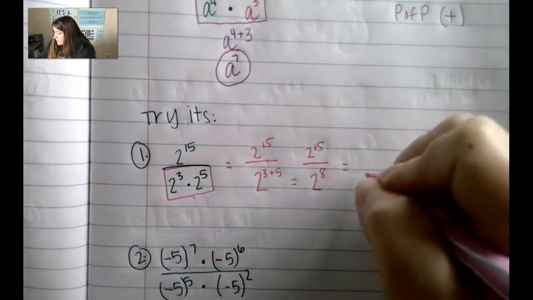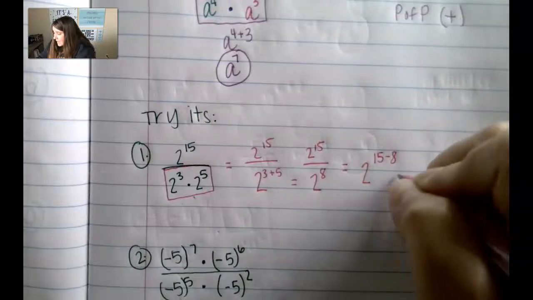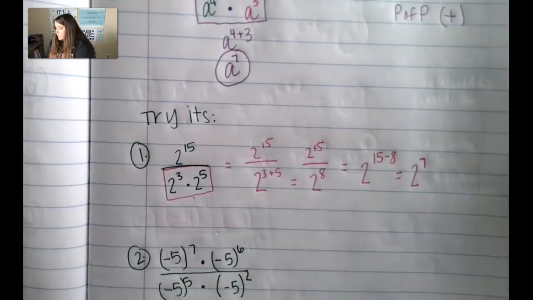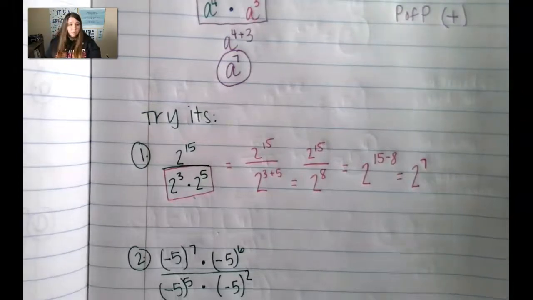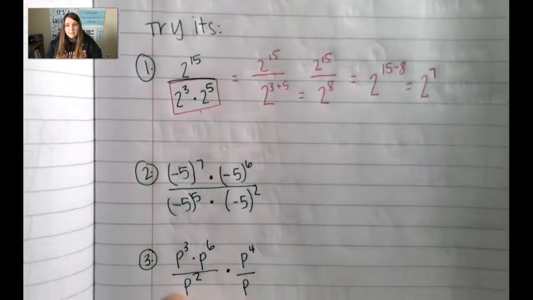So this is the base of 2, 15 minus 8. So I get 2 to the 7th power. Okay, how did you do on this one? Just want to double check ourselves. Okay, questions on that one, make sure you ask.